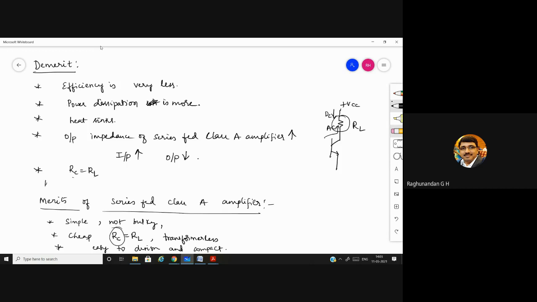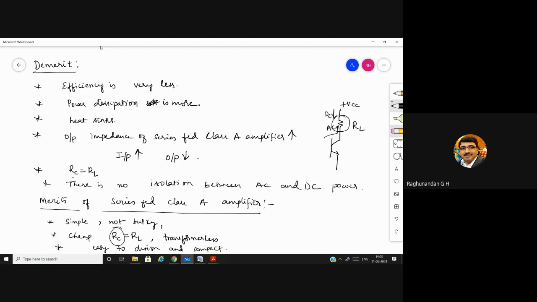So we can tell that there is no isolation between AC and DC power. The DC power is also delivered across this load, and AC power is also delivered across this load. So the output we will be getting is a mixture of AC and DC.